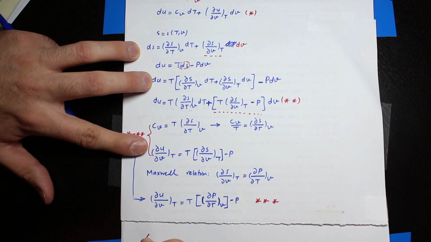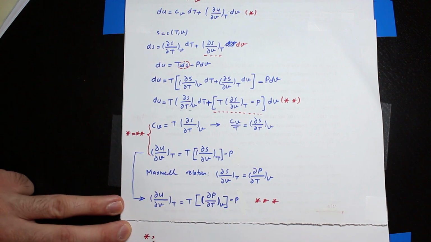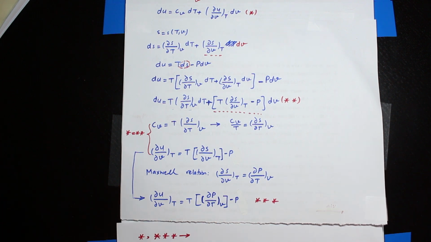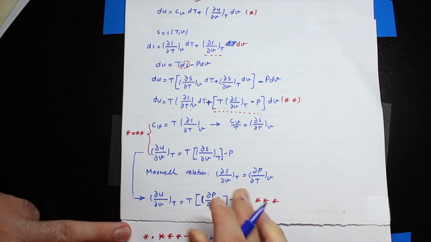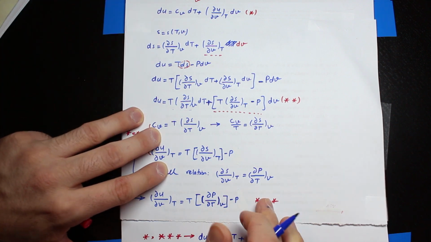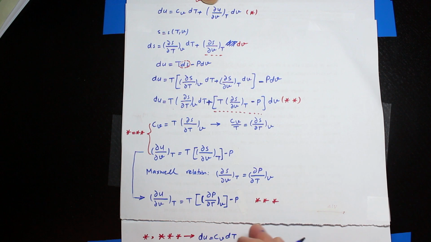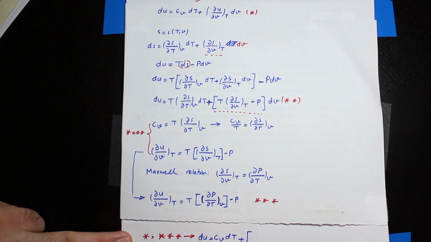So 1 star and 3 star give me this conclusion: dU is equal to Cv dT, plus, instead of partial U partial V for constant temperature, I'm utilizing this correlation, T partial P partial T for constant volume minus P, the whole thing multiplied by dV.